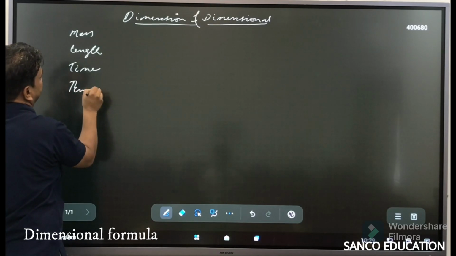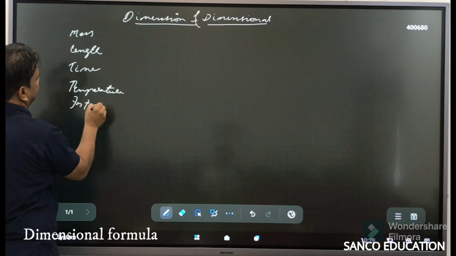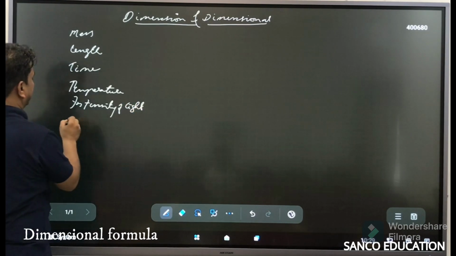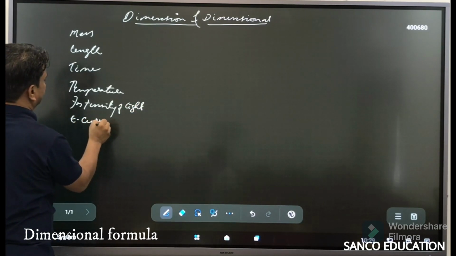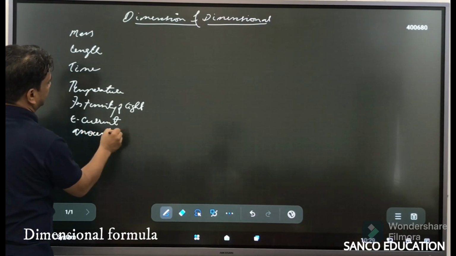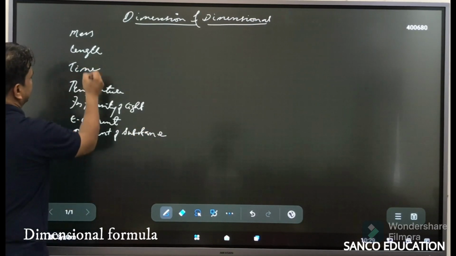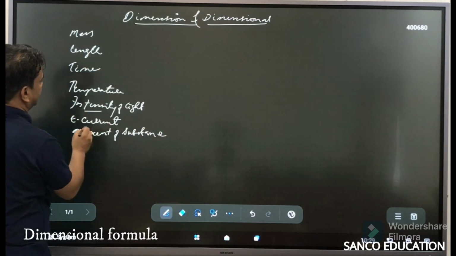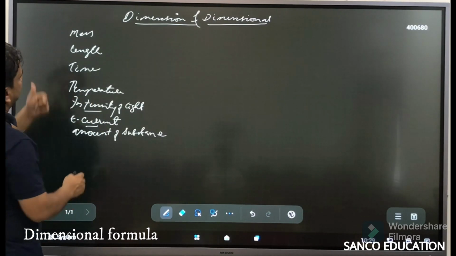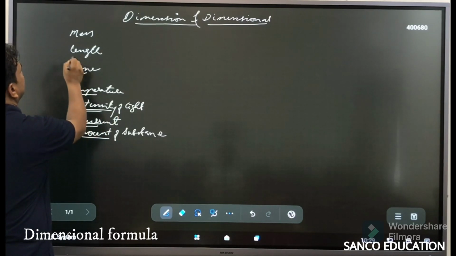Temperature, intensity of light, electric current, amount of substance.